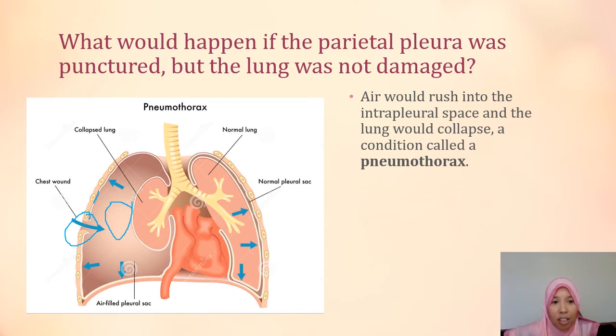As air enters the cavity, it causes the lung to shrink. How does it do that? More and more air comes in and pushes the lung to one side, and you have this condition we call pneumothorax.